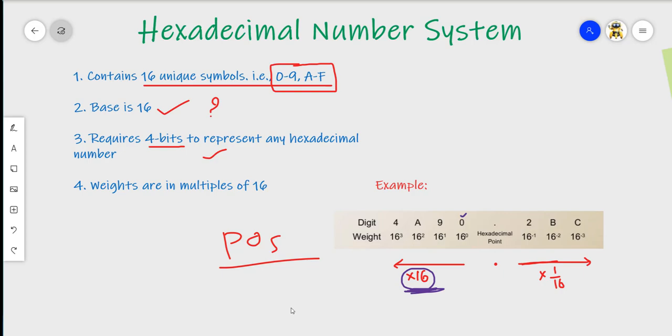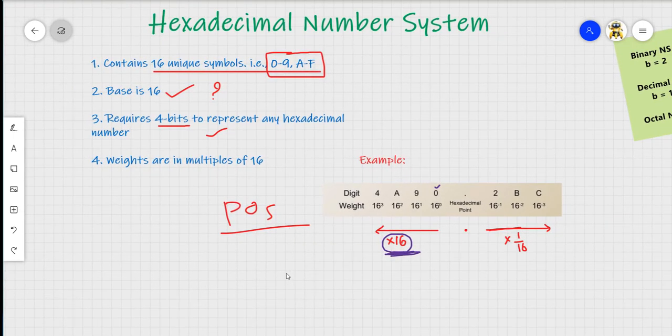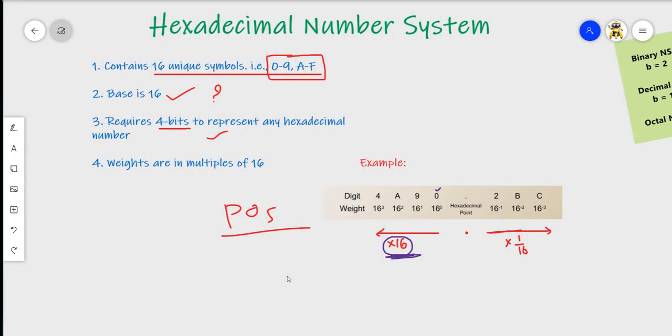Whatever notes I gave, just take them down into your notebook, and I want you to go through your notes, understand the topic, and most importantly, practice how the positional notation rule is applied on the binary number system, and how the POS rule is applied on decimal, octal, and hexadecimal.